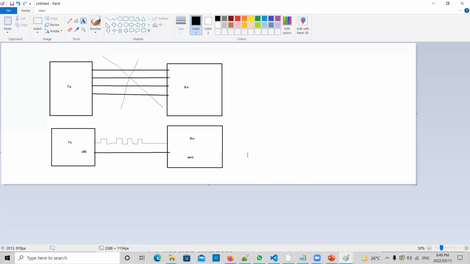Later, they came to a standard serial communication, the universal asynchronous serial communication interface. That means there is no need of clock in that method.